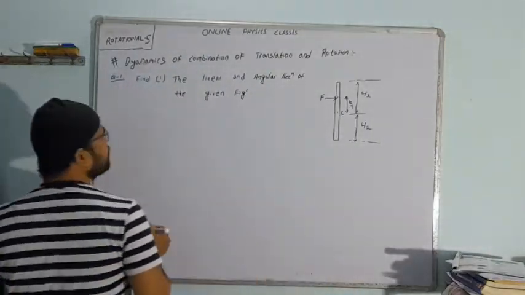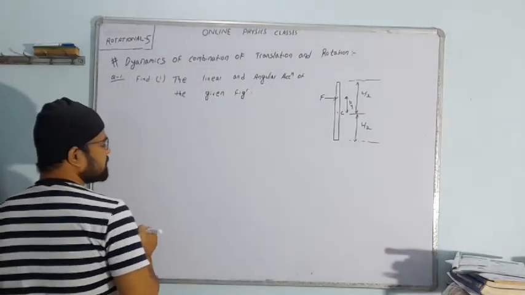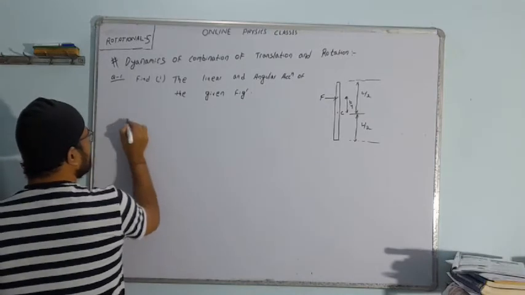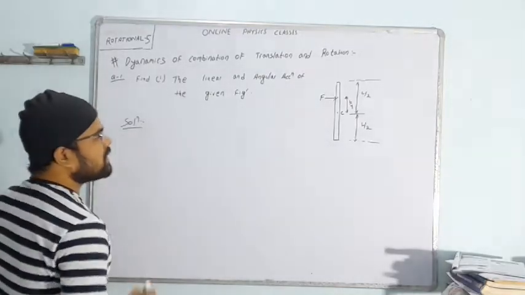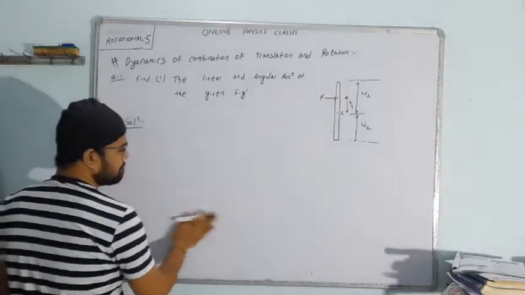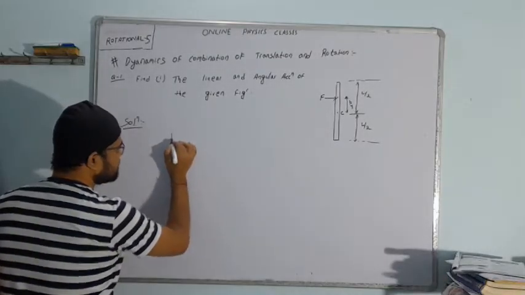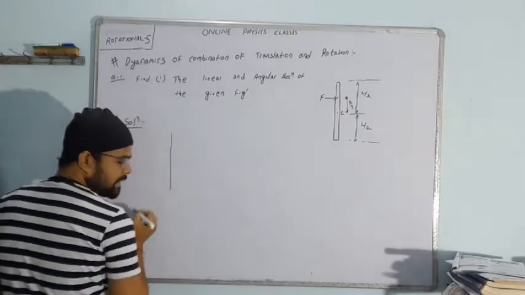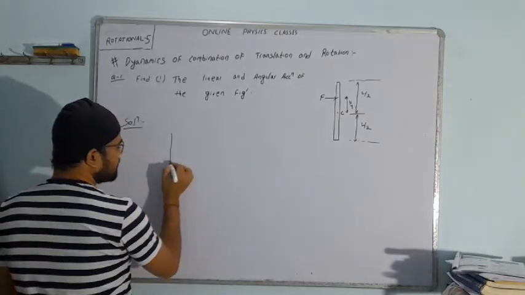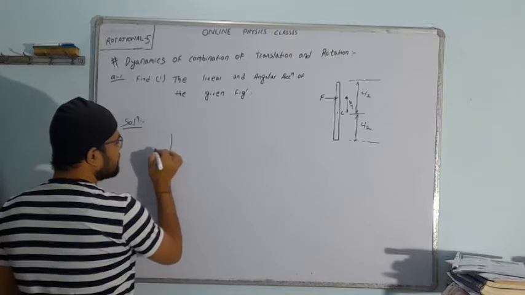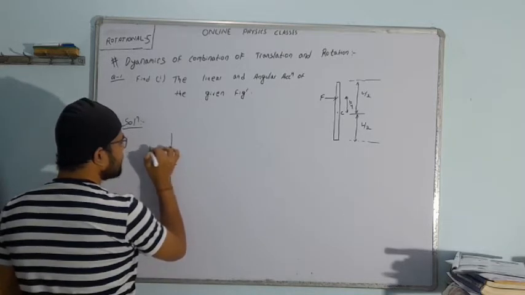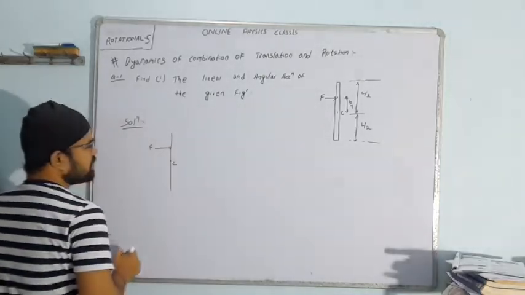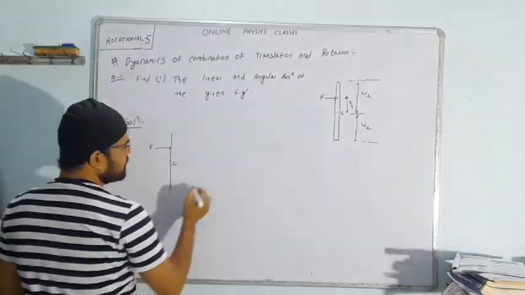How can you find linear acceleration? For the solution, please see the solution. This is a rod, and this is the center C. At a point away from the center some force will act.